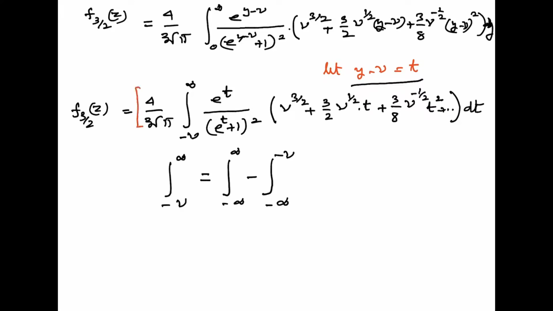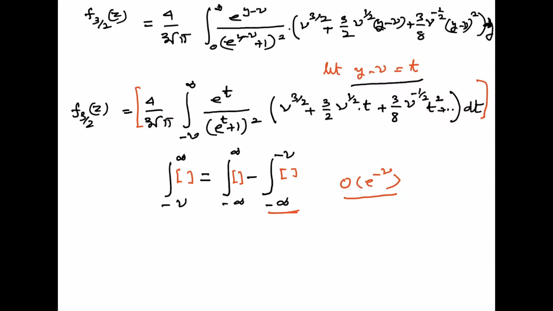Now this whole expression under the red bracket, let's say we have substituted here, this is f 3 by 2 z, and we write that expression here and here also. Now the second term, or second integral, will be of the order of e to the power minus nu, because this limit is minus infinity to minus nu. Exponential term is there, so this will be of the order of e to the power minus nu.